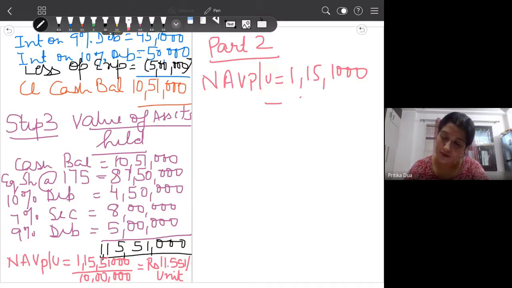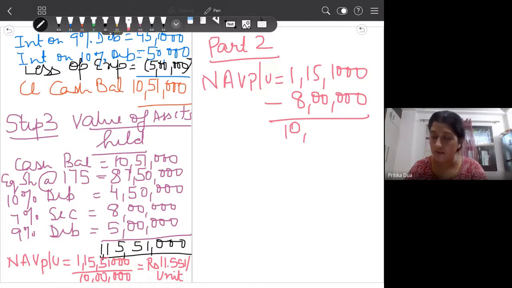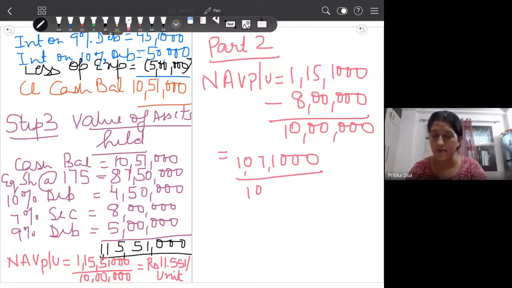So 8 lakh rupees has been distributed divided by the 10 lakh units held.